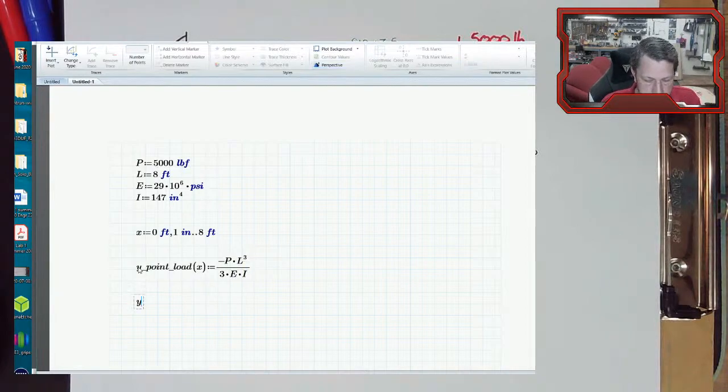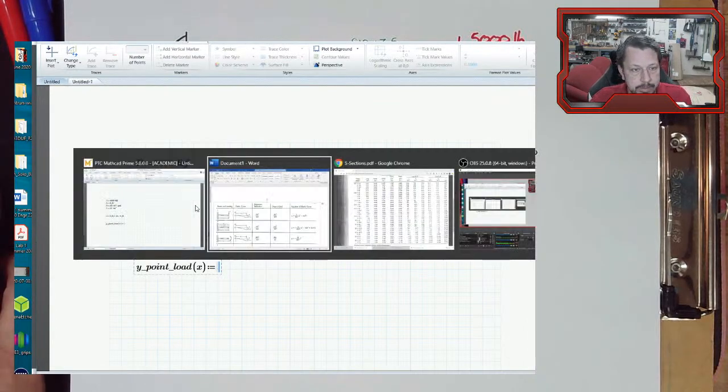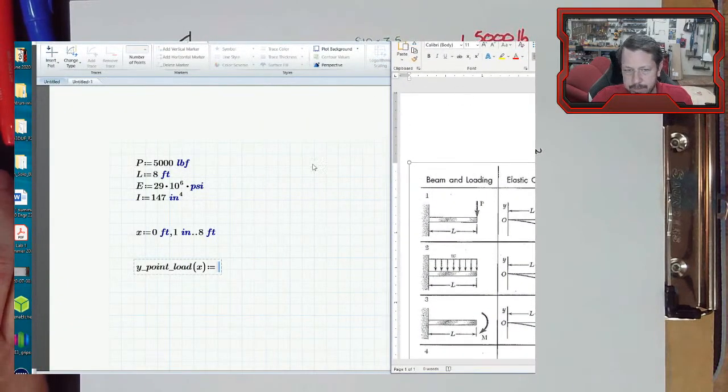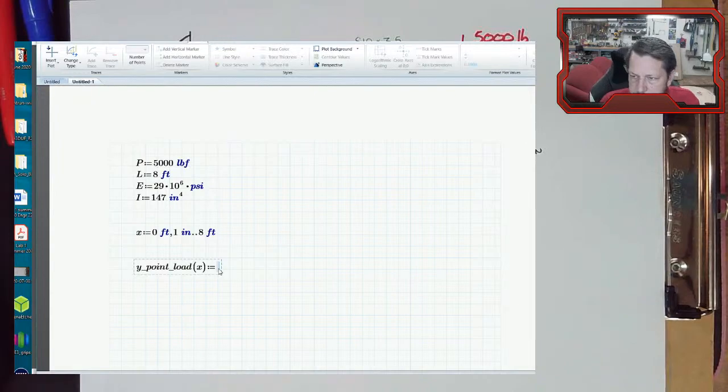Oh wait, but that's the maximum one. Hold on, what am I doing? We want the equation of the elastic curve. I don't remember it, I'll have to get my notes up here and see it. So it is y of x equals P over 6 times E times I. I guess I could have finished that one out and it would have at least verified that our 0.346 was right.